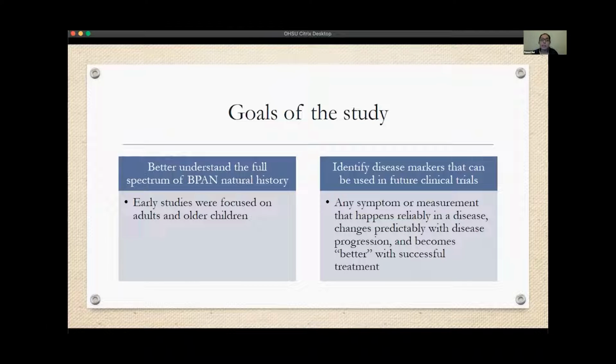And so now that kids are getting diagnosed at younger and younger ages due to the increased use of exome and the WDR45 gene being on more and more seizure panels, it's important that we really get the full spectrum of this condition. And next is to hopefully identify some disease markers that could be used in future clinical trials. And a disease marker could be something like a symptom or a measurement or a biomarker that happens reliably in a condition and could be used to measure if a possible treatment is working.